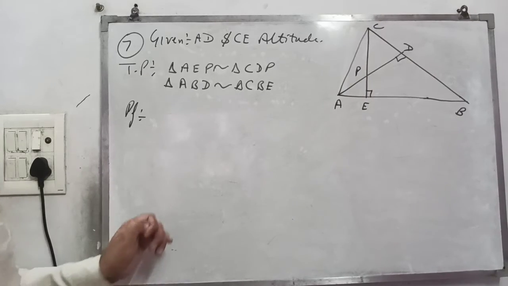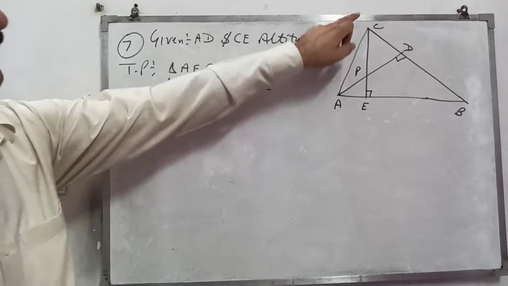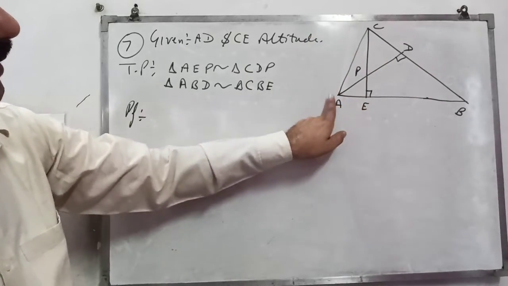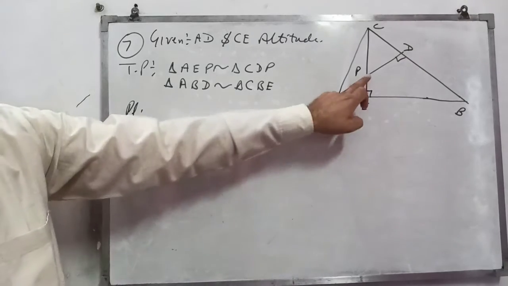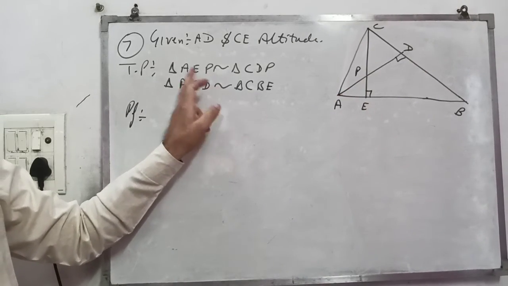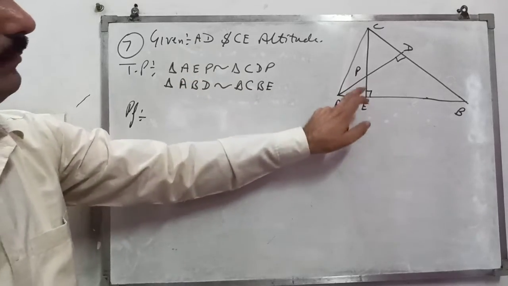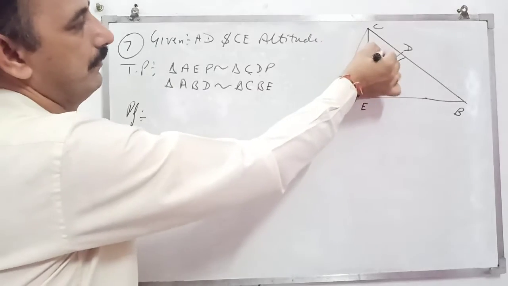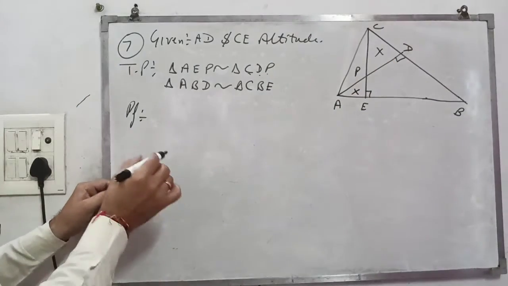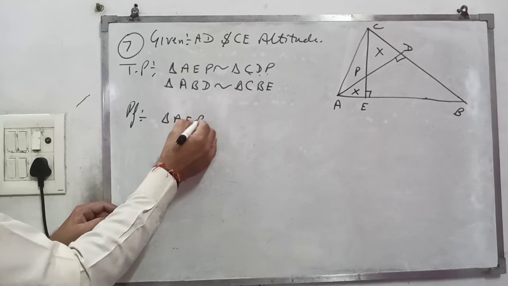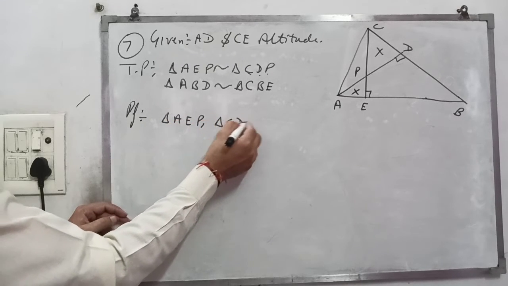So in question number 7, the figure is given, ABC is a triangle, EC is an altitude and AD is also an altitude, they intersect at point P. Now we want to prove triangle AEP is similar to triangle CDP.